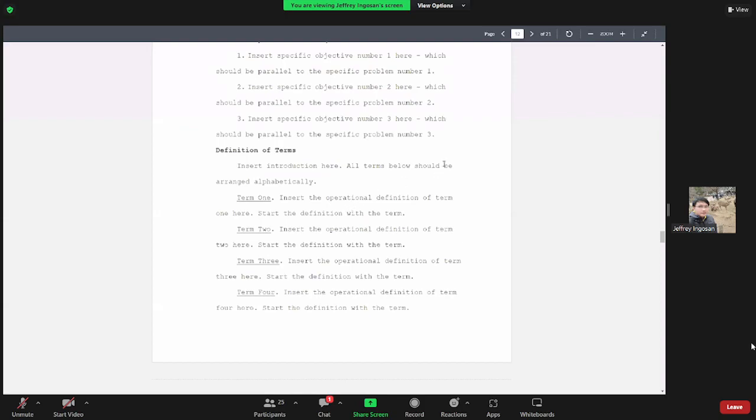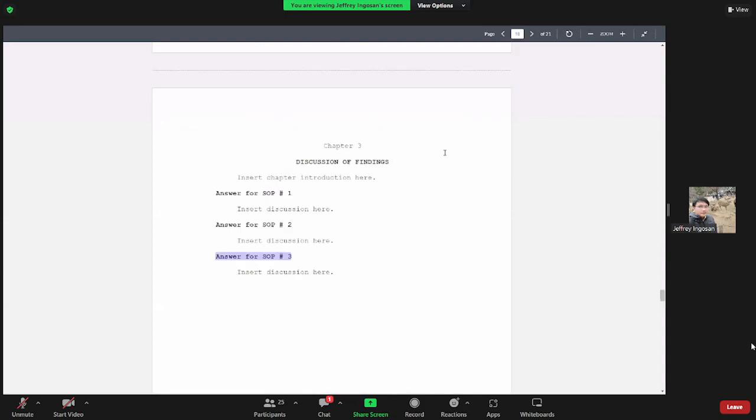As an example, as we have mentioned earlier, if your SOP number 1 will be focused on the requirements, then you could use here a title as requirements for the design and development of the proposed information system. So that could be your title here.